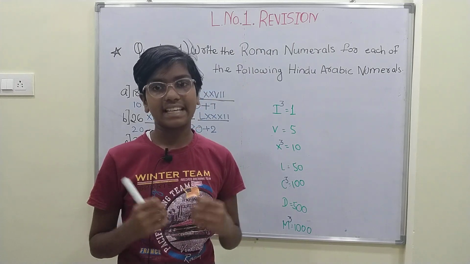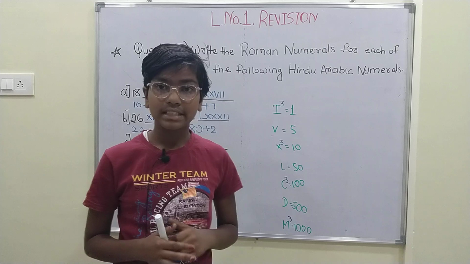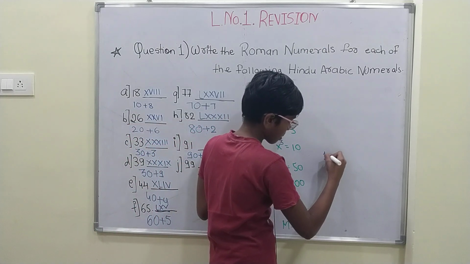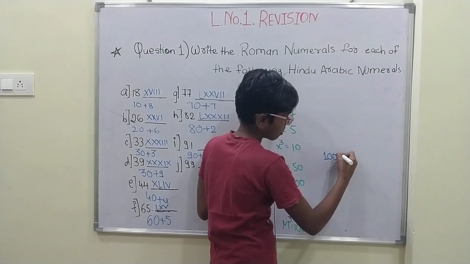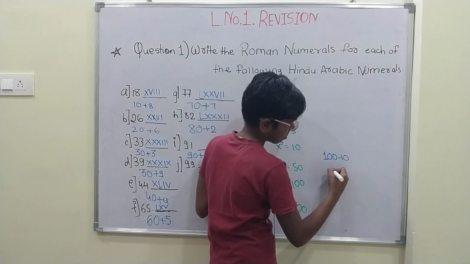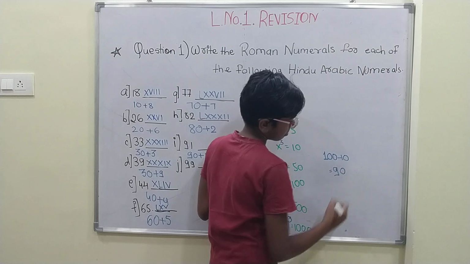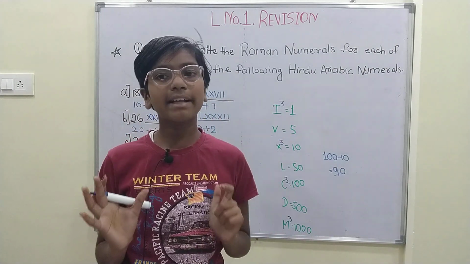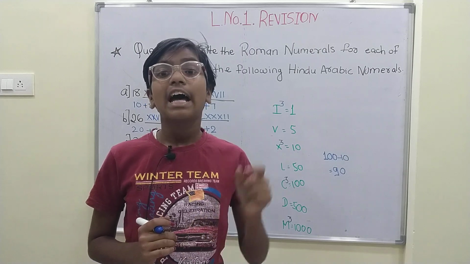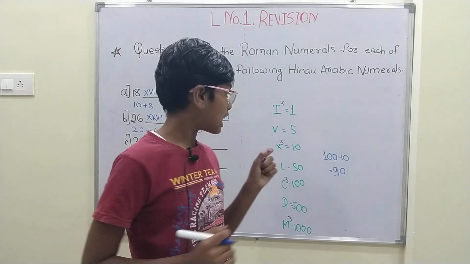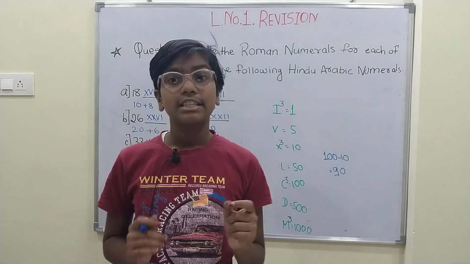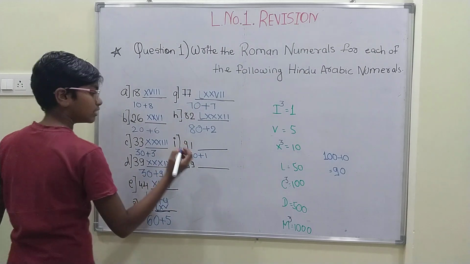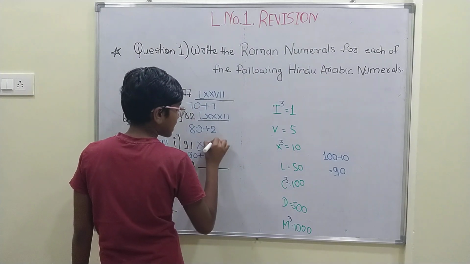We can write 90 as C minus X, 100 minus 10. 100 minus 10 equals 90, which means C minus X. C minus X is nothing but XC. So let's write that. XCI.